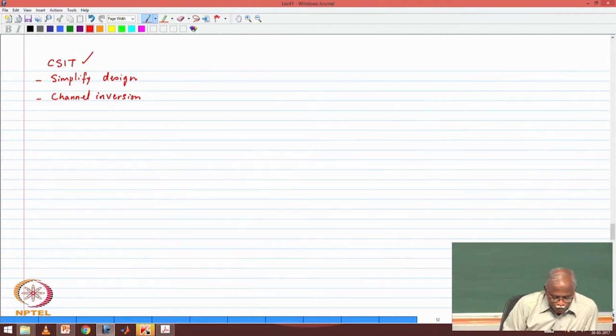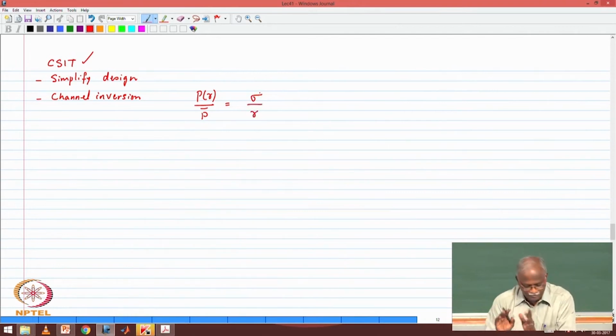So how would we represent this? Channel inversion says the power allocation P of gamma by P bar is going to be such that it is sigma divided by gamma. Sigma is some constant, don't think of it as variance or anything. Just some constant divided by SNR.